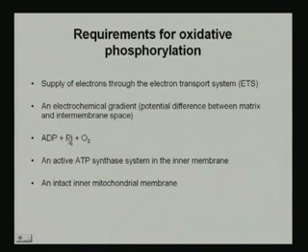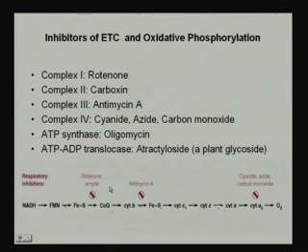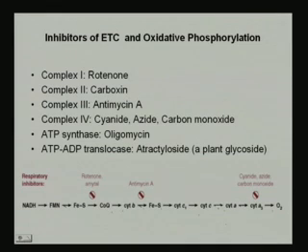ADP, Pi and O2 should be there, and an active ATP synthase system in the inner membrane of mitochondria is very essential, and the most important part is an intact inner mitochondrial membrane, which plays a significant role. If there is any breakage, there will not be any gradient formation, resulting in the discontinuation of the oxidative phosphorylation process.